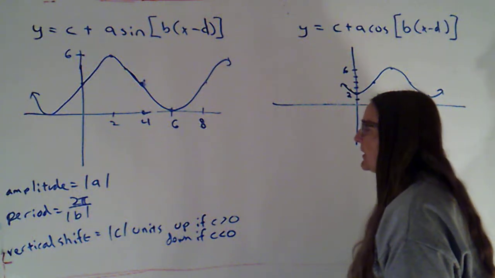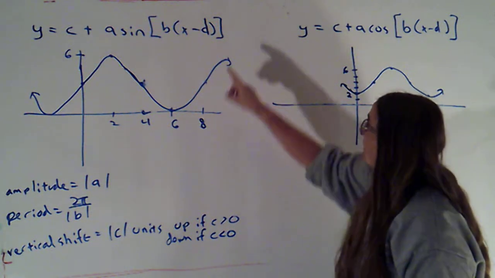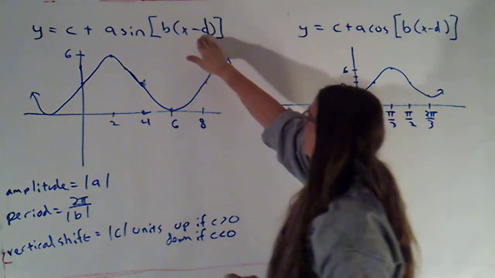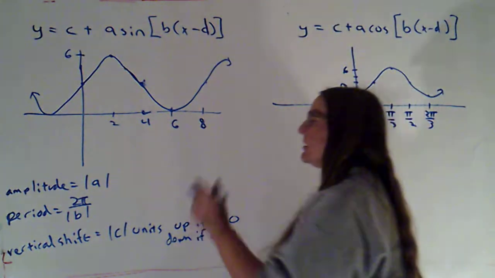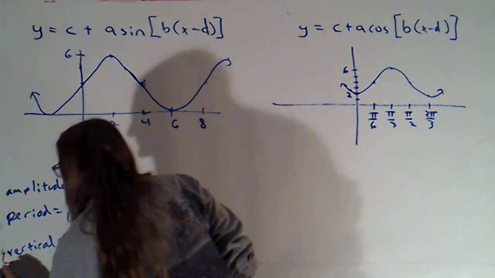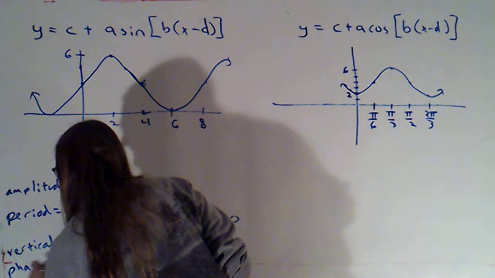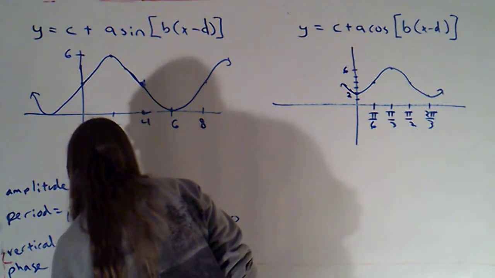Okay. And then the D, well, that's the number that, notice we're subtracting it there. But what we're adding or subtracting to x is going to be our phase shift. That's going to be our horizontal shift.